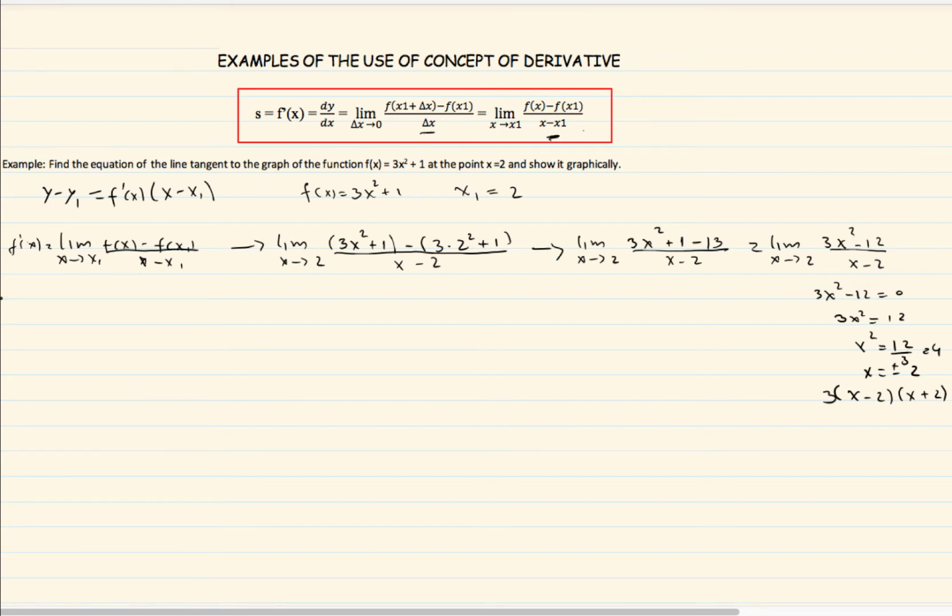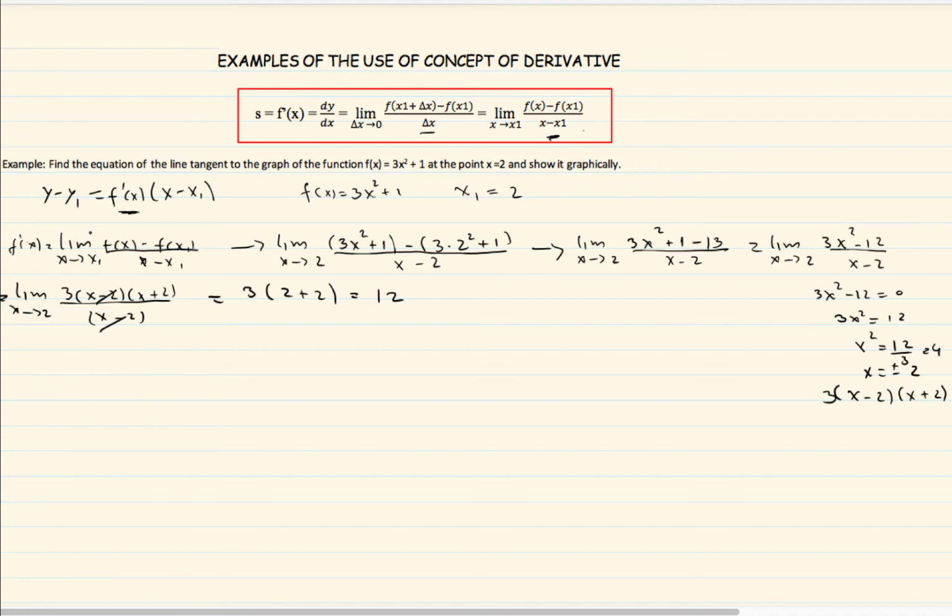So what we have here is limit of x when tends to 2 of 3 into x minus 2, x plus 2, divided by x minus 2. Now we can simplify this, and as we simplify, now we can just replace wherever we have x with 2, and because now we are replacing, we don't need to write limit again. So we have 3 into, in place of x we put 2, 2 plus 2, which is 4, into 3, 12. So the derivative of this function f of x, 3x squared plus 1, at the point x is equal to 2 is equal to 12.